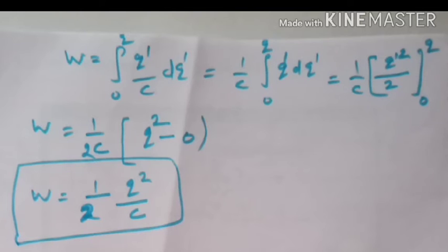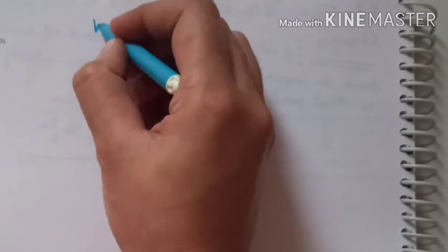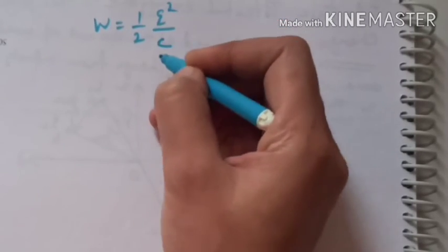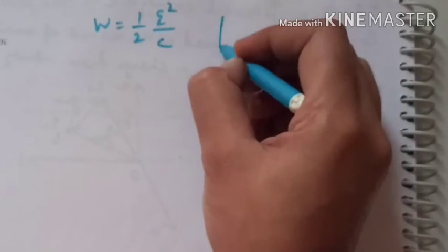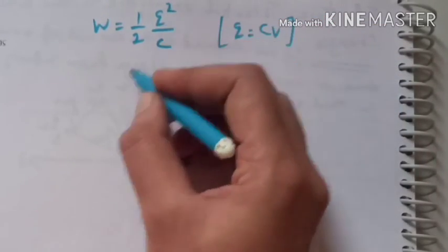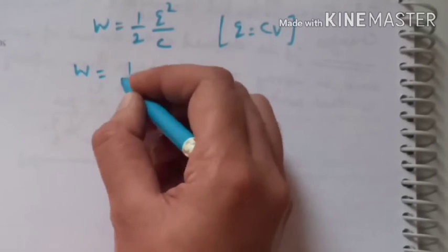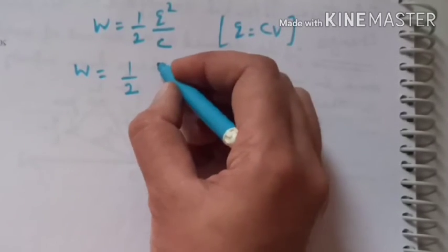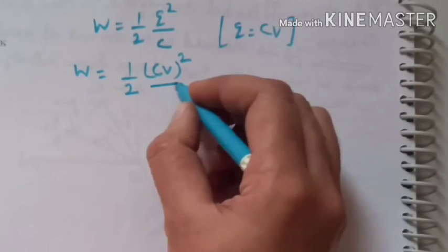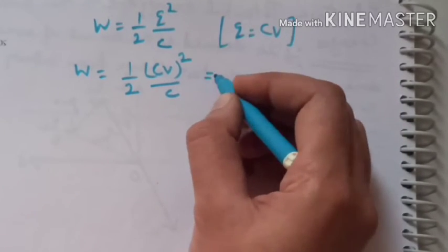Again we can write this expression in another form. We know that W is equal to 1 by 2 Q square by C. We know that Q is equal to CV, so we can put this value here. So W is equal to 1 by 2 (CV) whole square over C. C cancels.